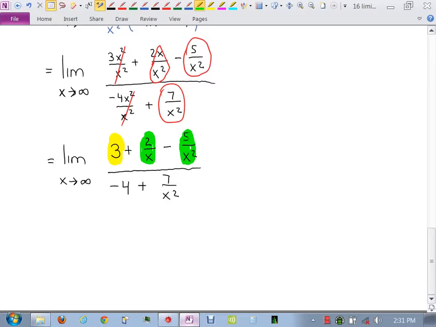The 5 over x squared is also fixed over infinity. That's going to vanish. In the denominator, the negative 4 is going to stay, and the 7 over x squared is going to vanish. So after you do the limit, you don't need to write limit anymore. It's just 3 over negative 4. So this thing is headed towards negative 0.75.